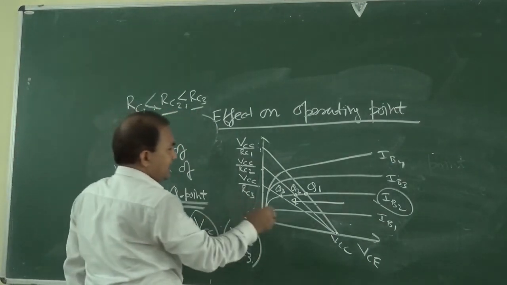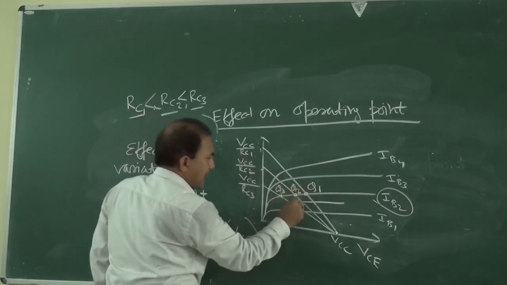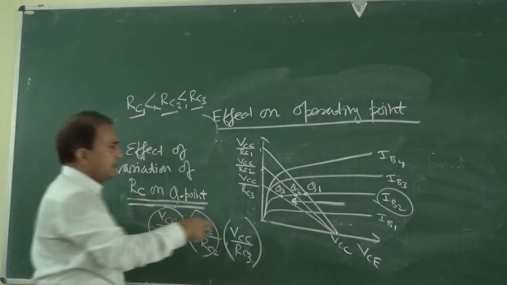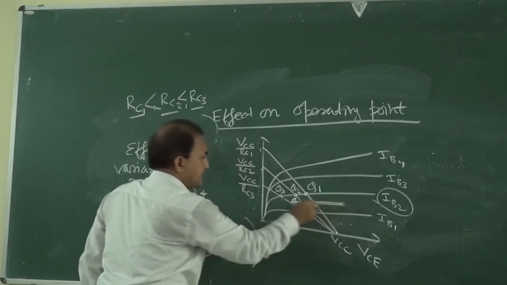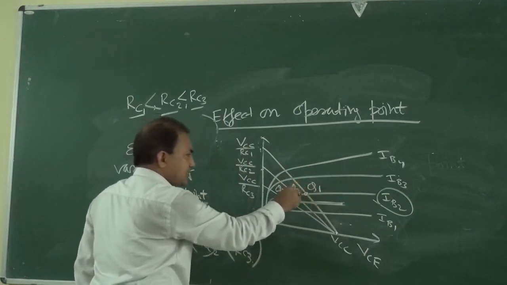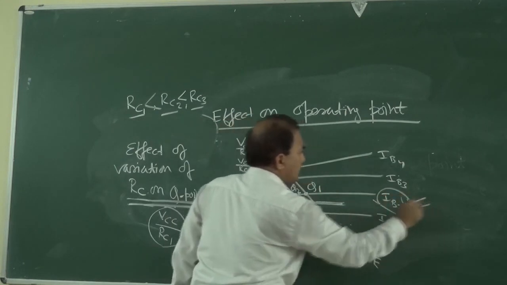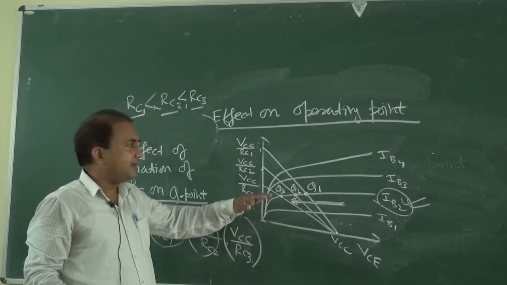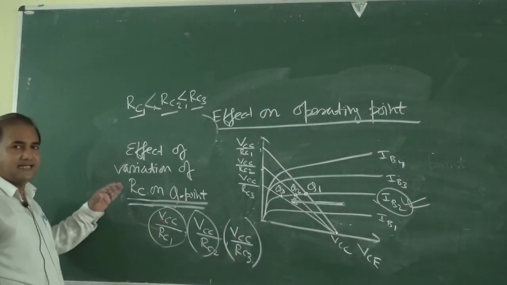Then again we will get three points, Q1, Q2, Q3, and the Q point will vary like this, for a particular value of say IB2. So in this manner the Q point varies with the variation of RC.